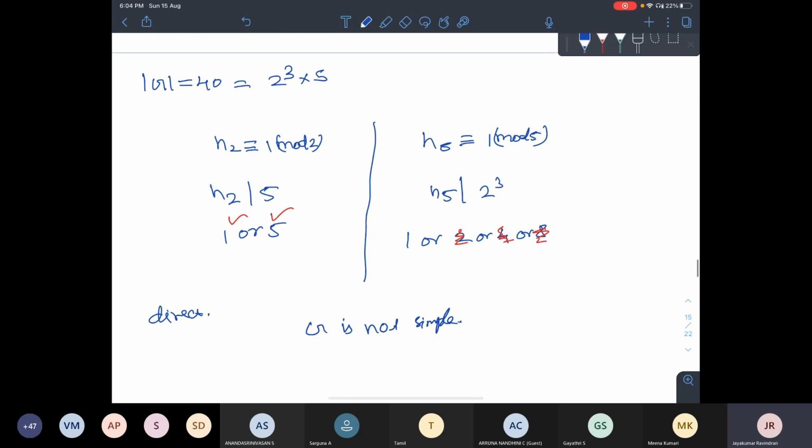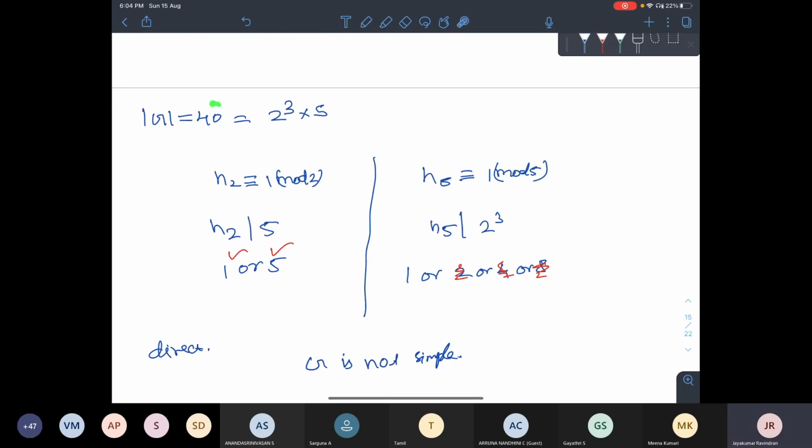Again, look at 40. I wanted to emphasize the power of Sylow's theorem again. There are a lot of groups of order 40. Because of the permutations and combinations of the prime powers, I can see at least 2 or 3 abelian groups, and apart from that we have a non-abelian group, at least D2 into 20.